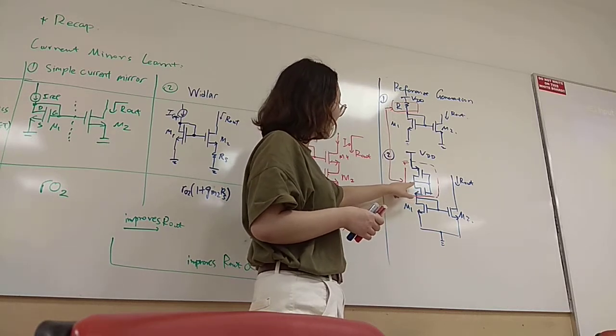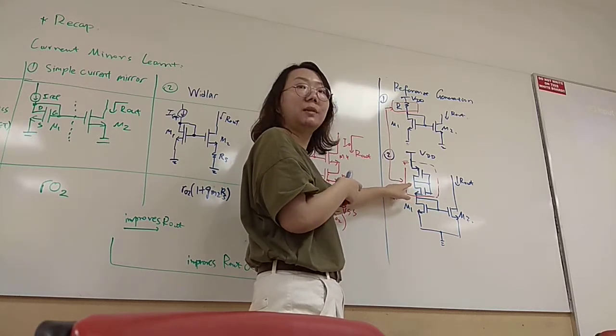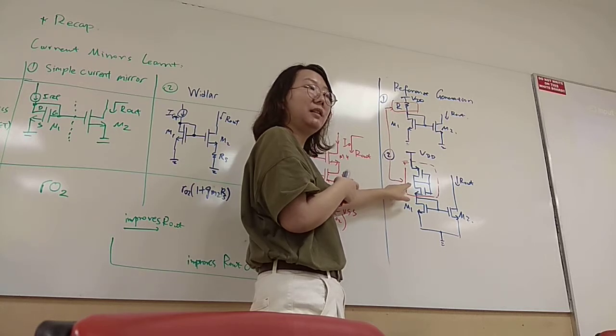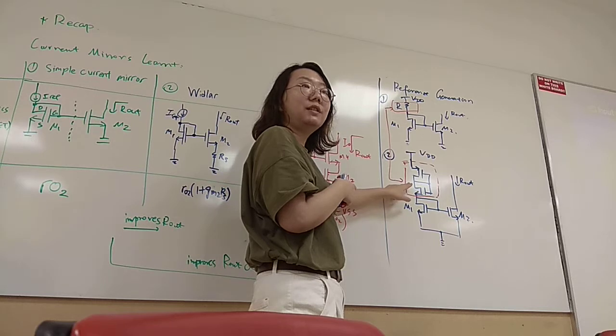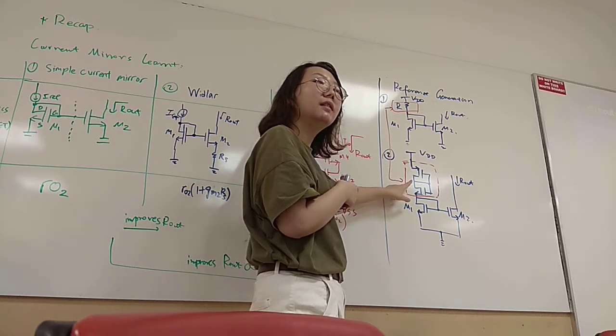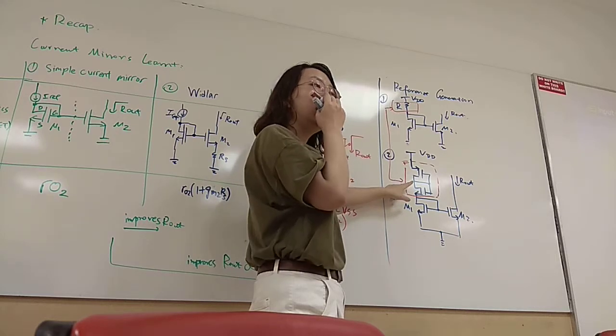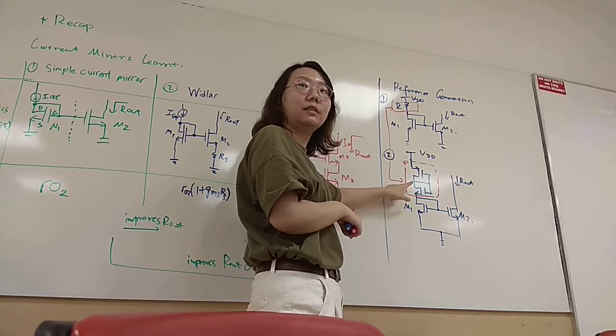You must be very sensitive to this kind of connection. Once you see this kind of connection, you should be able to identify it immediately. These two transistors are your diode connected transistors, right?